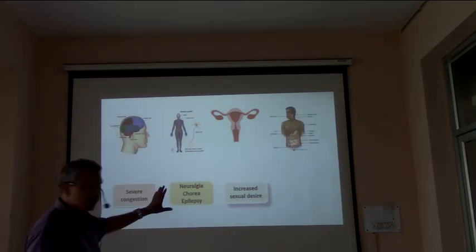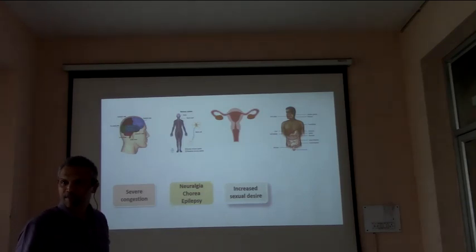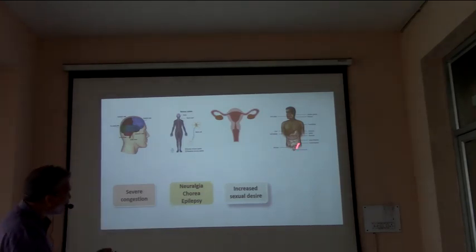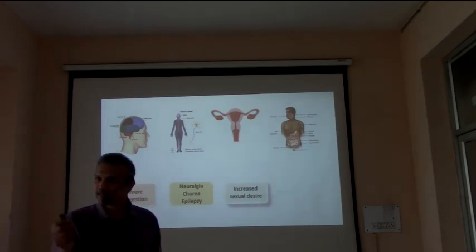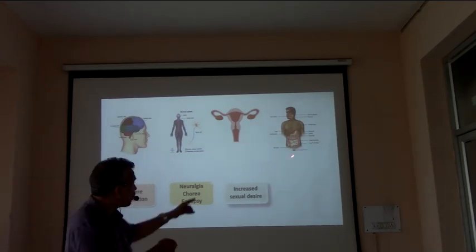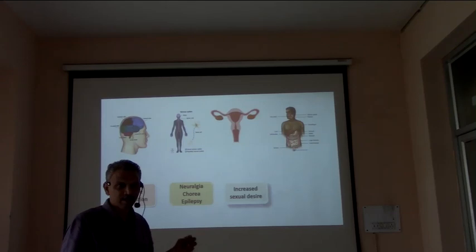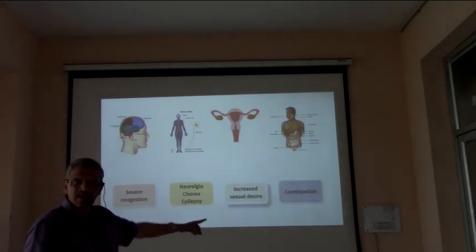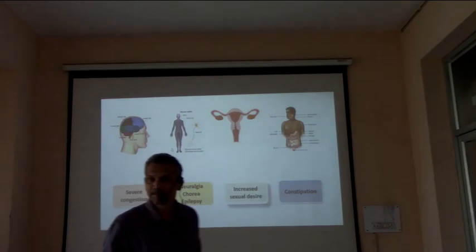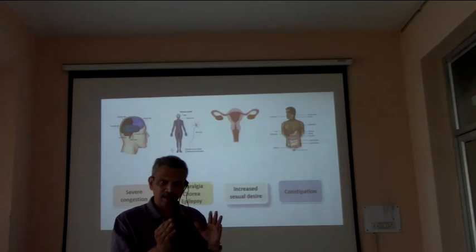And the last area I want you to remember here is the GIT. Okay? And I want to be very clear and very specific that Asterias Rubens has a specific action on the lower bowel. You don't see the upper GI getting affected in Asterias Rubens. The lower GI gets affected, and what you see here is constipation, which is very, very peculiar.